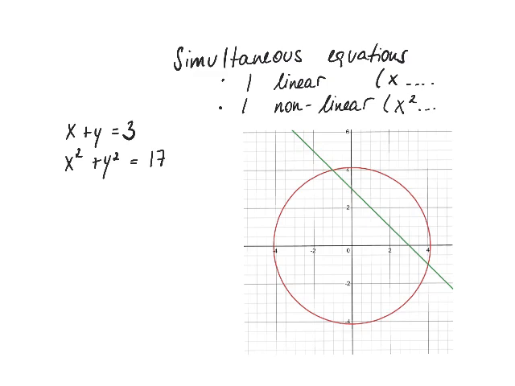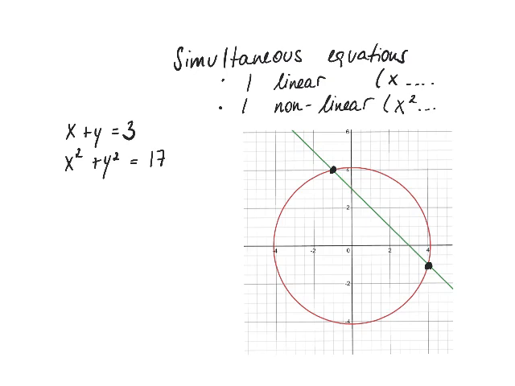If we were to show it in a graph, the non-linear equation, x squared plus y squared equals 17, is the circle, and the linear equation x plus y equals 3 is the line. The points where the x and the y are the same for both equations is where the line and the circle intersect. So we have 2 points here, 2 x's and corresponding y's.